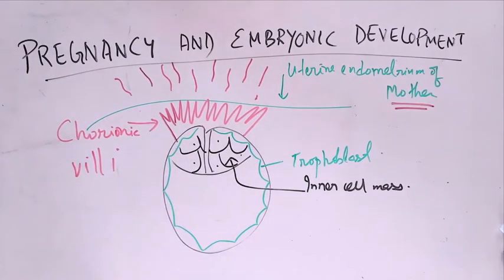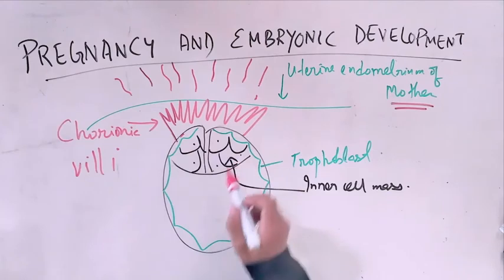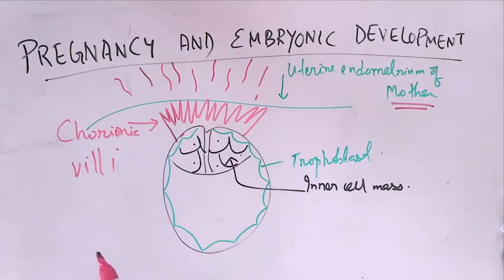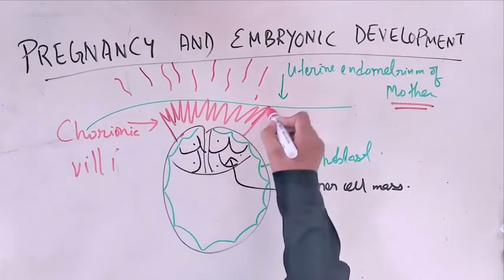From the outer side of the membrane of the fetus, they form the chorionic villi.